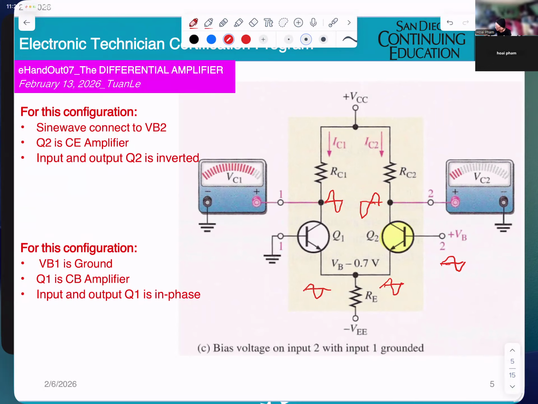That's what you can see. And Q1, even though they grounded the base, is now working like common base. They're telling you that input and output will be in phase.